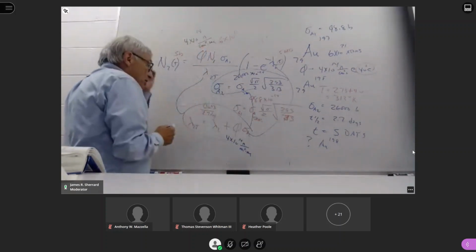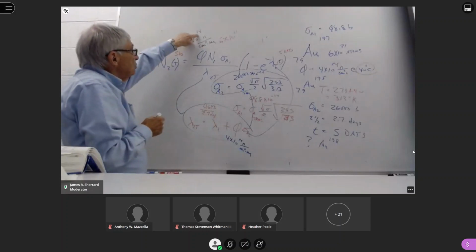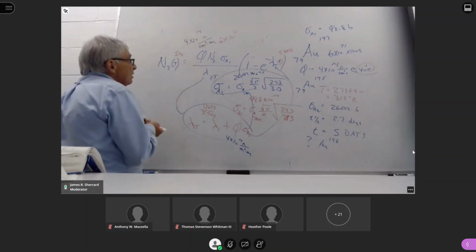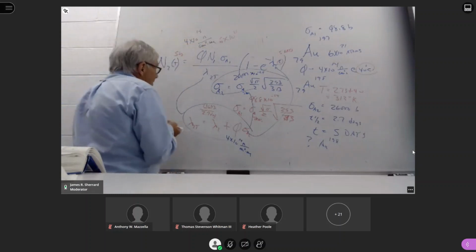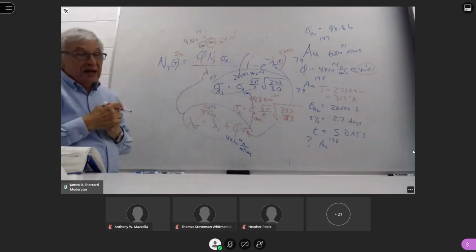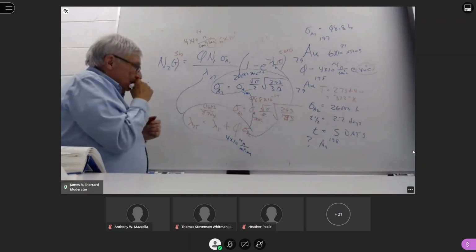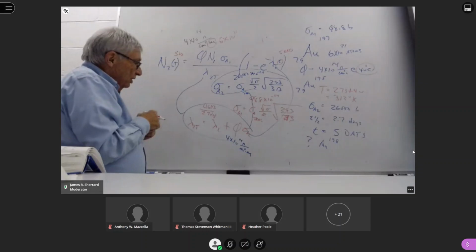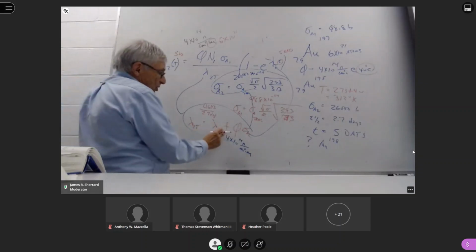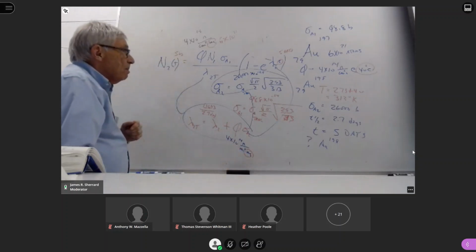The thing I wanted to alert you to is, if we look at the flux, and the flux is 4 times 10 to the 14th neutrons per square centimeter per second, aha, but this is in seconds. If I go down here to look at the flux I'm going to use here, note, this is in seconds.